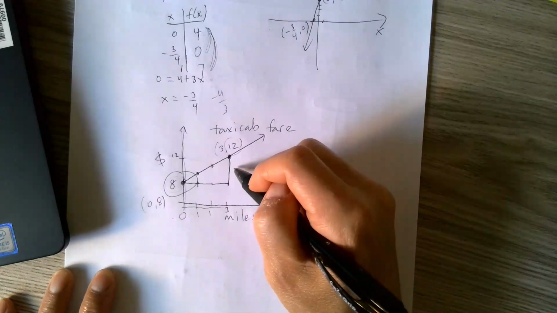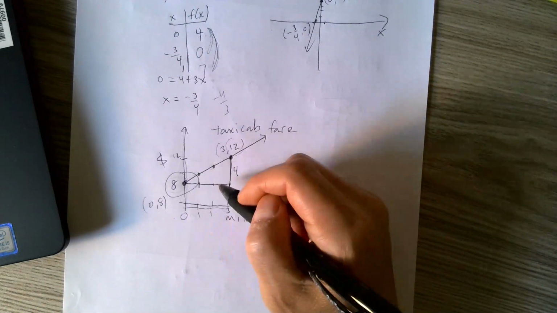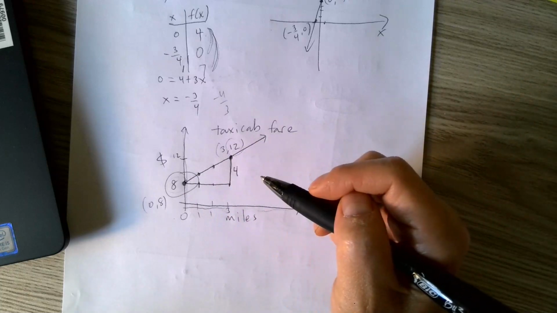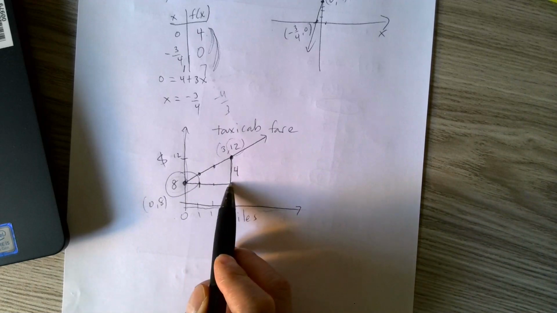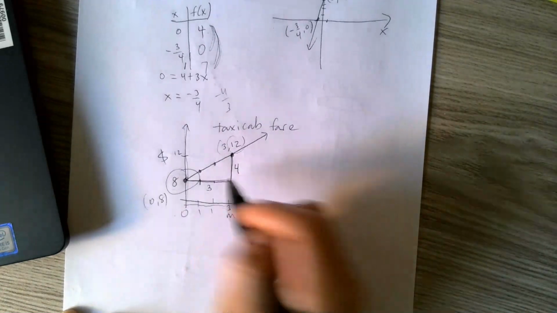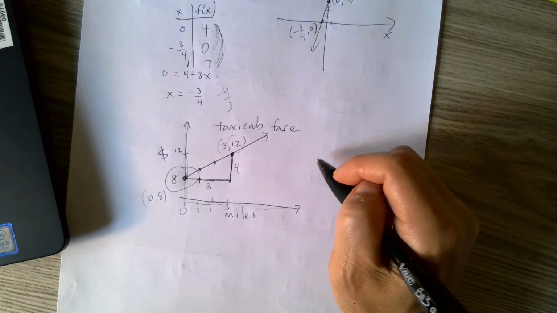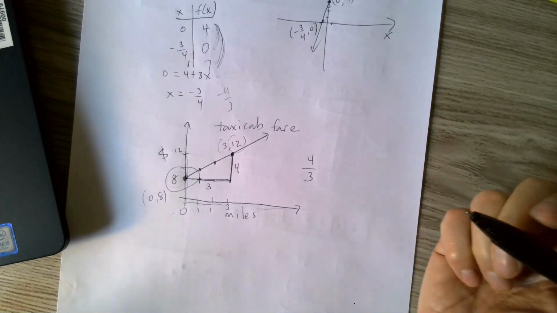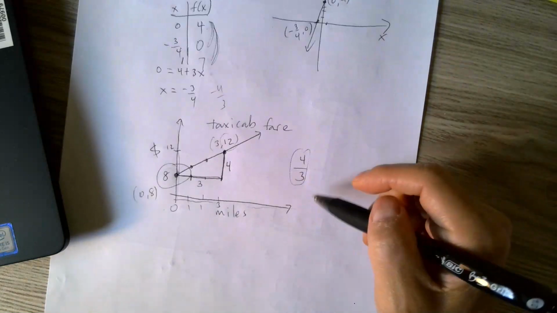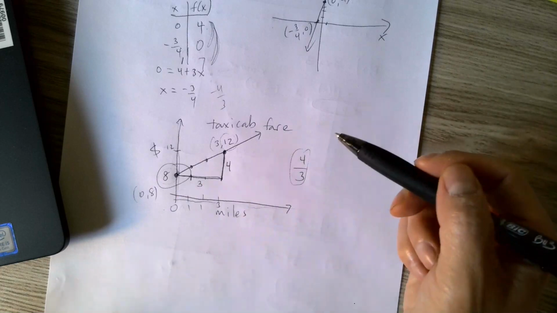So that means there's $4, because that's the difference of 12 and 8. There's $4 more that you had to pay because the cab went 3 miles. So this is a distance of 3 miles. There was an increase of $4. So for every 3 miles, you have to pay $4. So there's a relationship between the money and the miles, and it's 4/3. It's a ratio of 4 to 3, dollars to miles. That's the way this cab works.